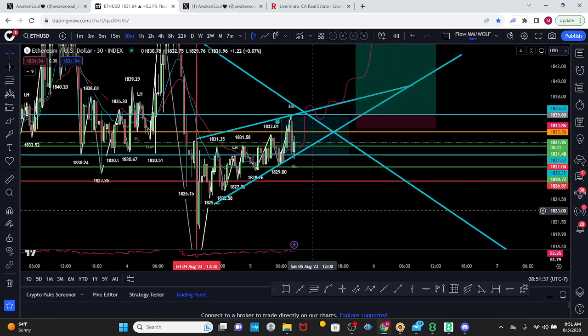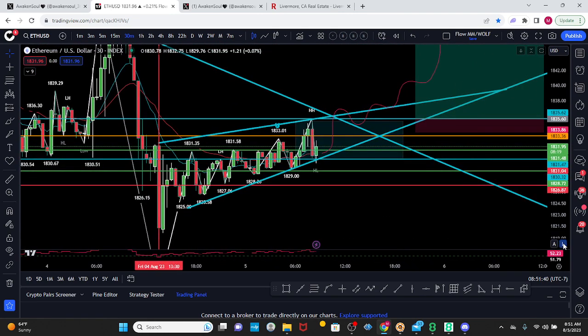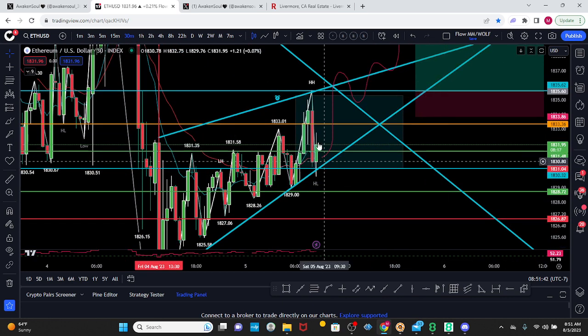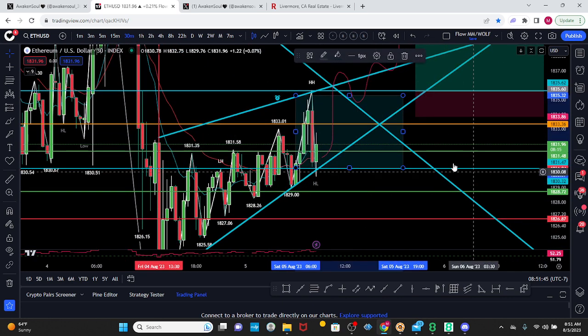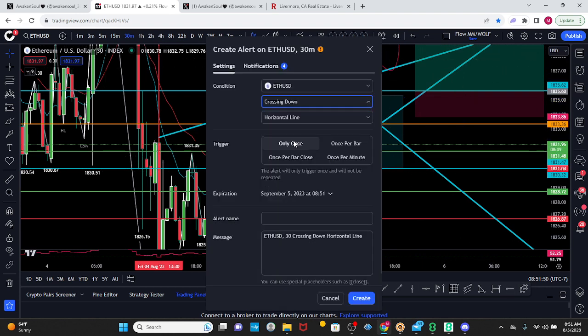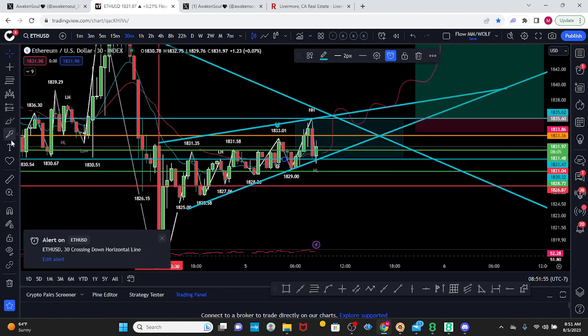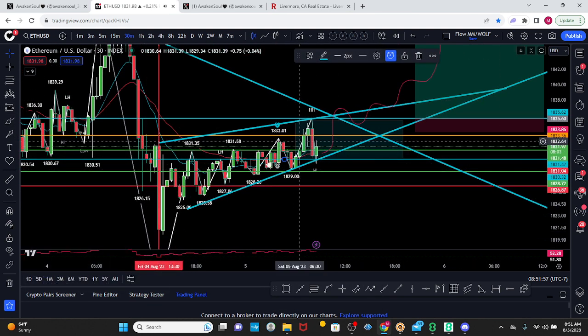Right? And this is going to be major support. So if I have price action break this blue support, it's going to alarm me, and I'm going to feel comfortable taking a short. It's already alarming me.